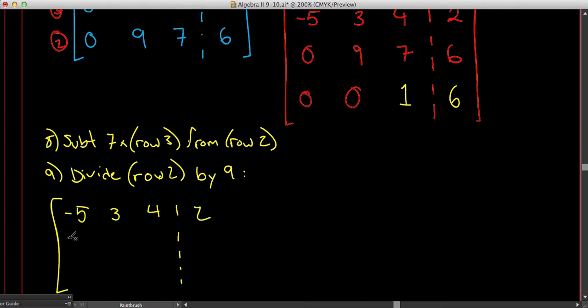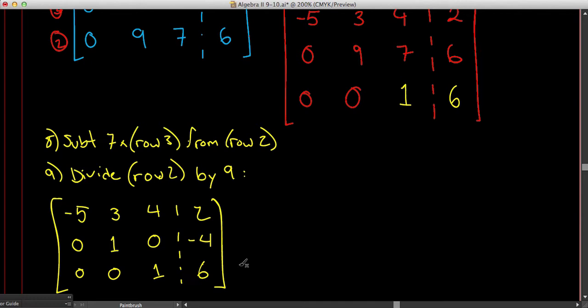And then we'll be left with 0, 1, 0, and then negative 36 divided by 9 is negative 4. And then 0, 0, 1, 6 in the third row.